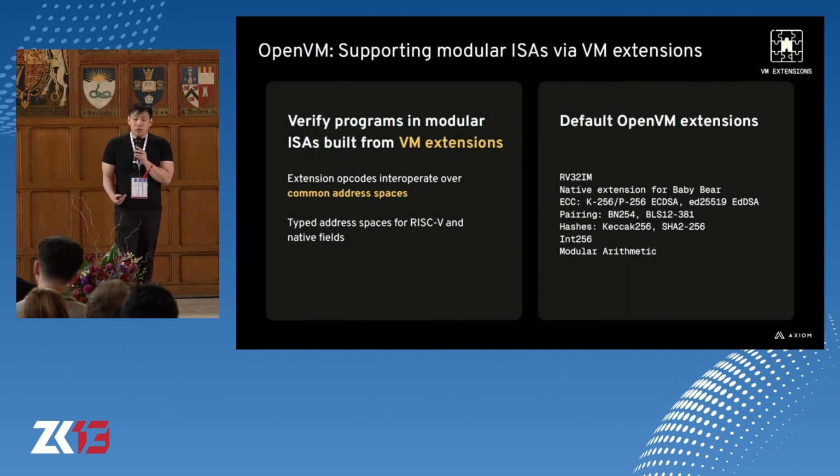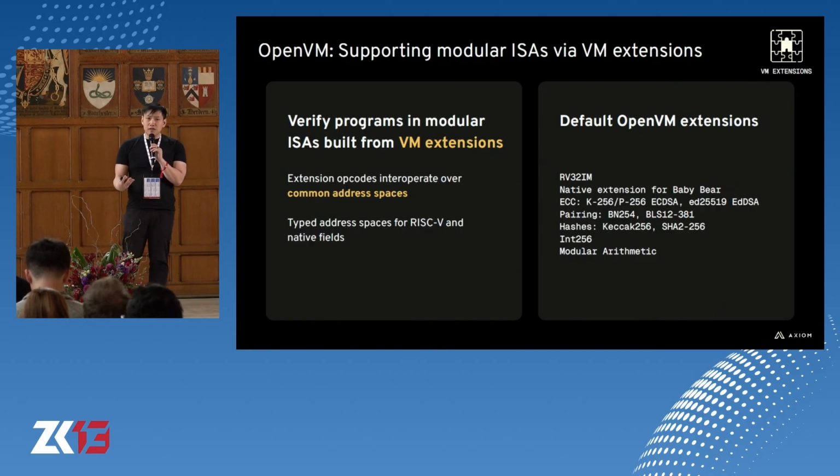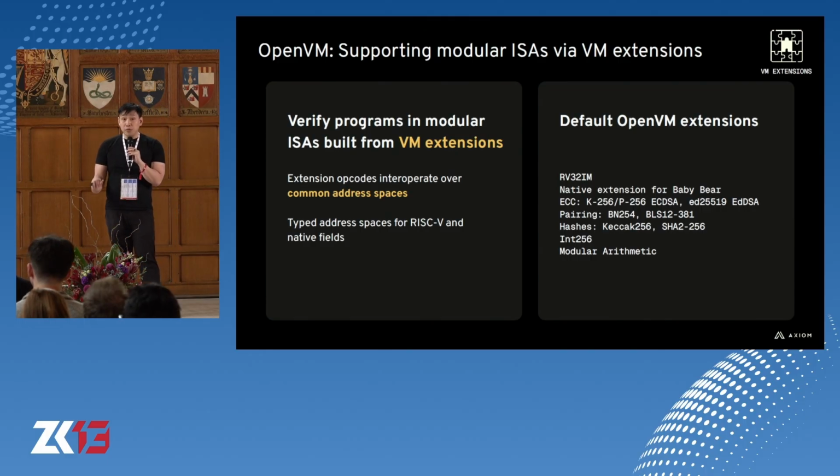So first, let me tell you what OpenVM can do today. As I mentioned, as a developer using OpenVM, you can construct your own modular ISA using a concept we're calling a VM extension. An extension is a set of opcodes that's able to interoperate with opcodes from other extensions over a set of common address spaces.